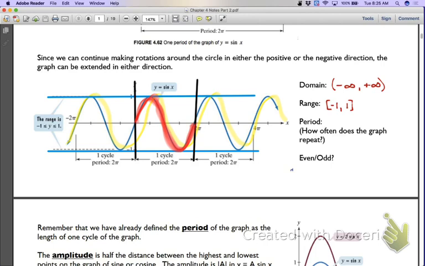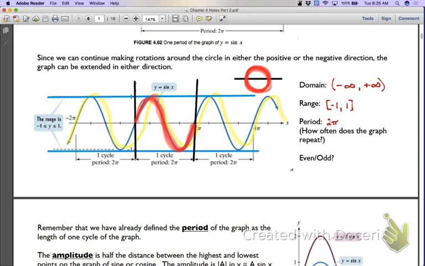From 0 to where? Where do we go back? If we think about the unit circle that we had, if there's the x-axis, and we start at 0, what happens when we get back to 2 pi? What's going to continue to happen as we keep going around this thing? Every 2 pi, it's just going to keep circling back around. So our period is really just 2 pi in length.